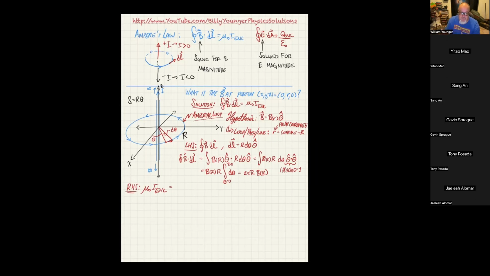In reality it's actually a circle; we're just looking at a 2-dimensional representation of a 3-dimensional shape. The circle sort of limits an area. All the areas that have it as their edge would be acceptable, and any current penetrating that area is going to count in the I enclosed.